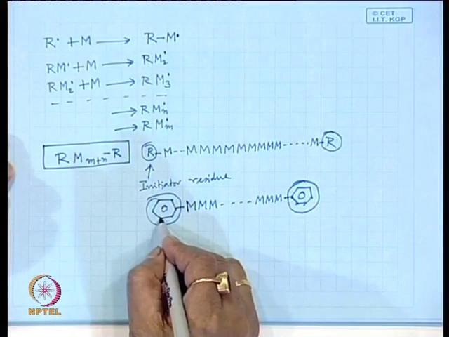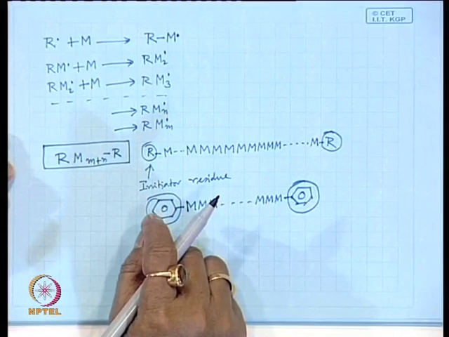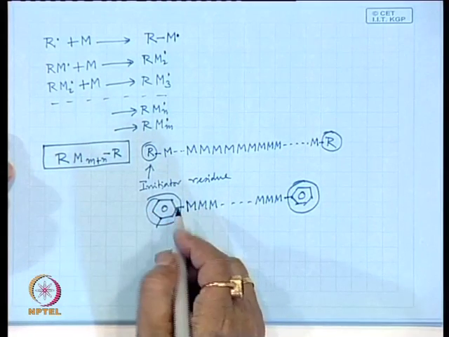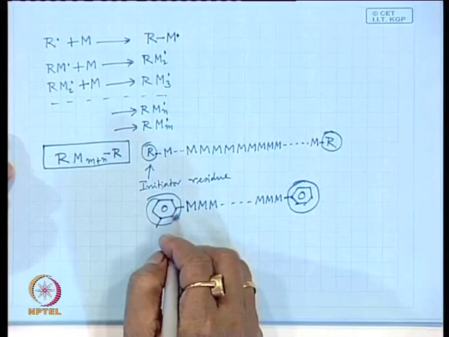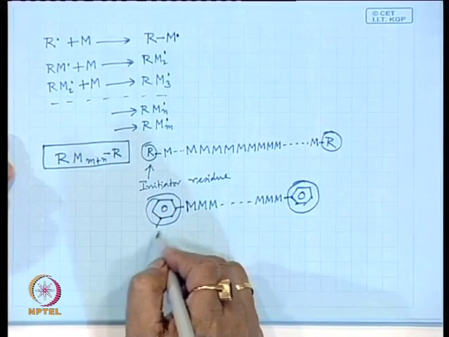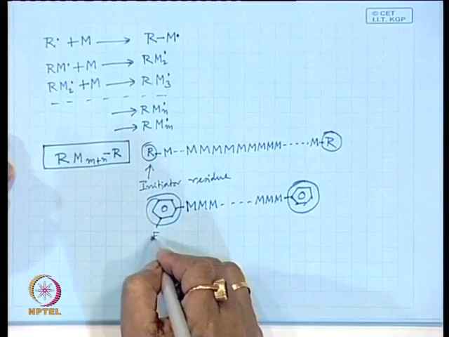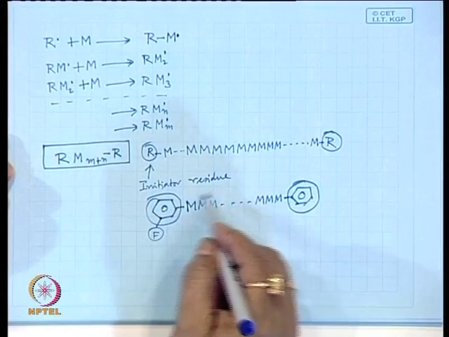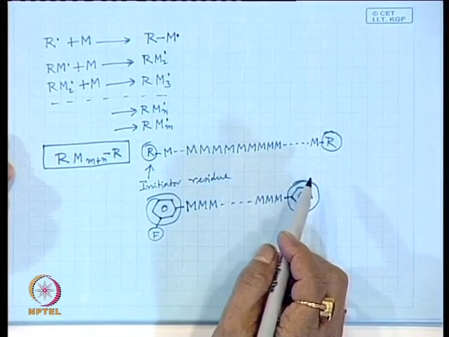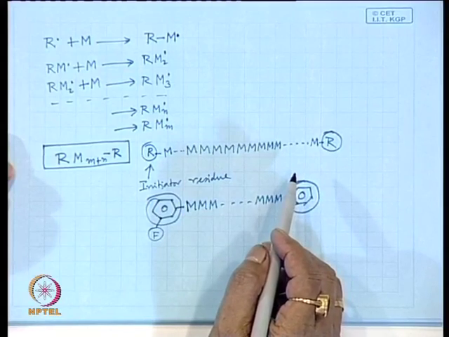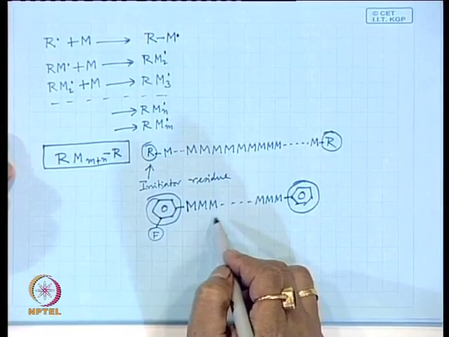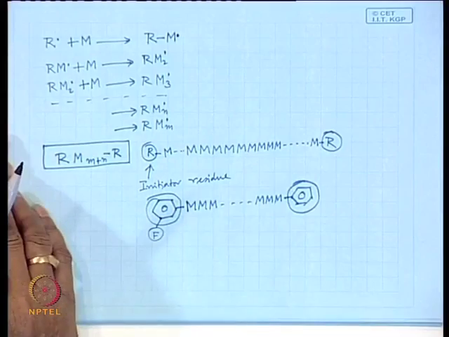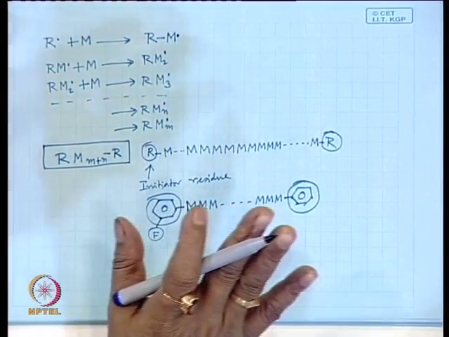If it contains one isotopic label or a functional group F, which can be estimated, then that can help you to count the number of polymer chains that have been produced, as well as to calculate the molecular weight of the polymer chain that has been produced.